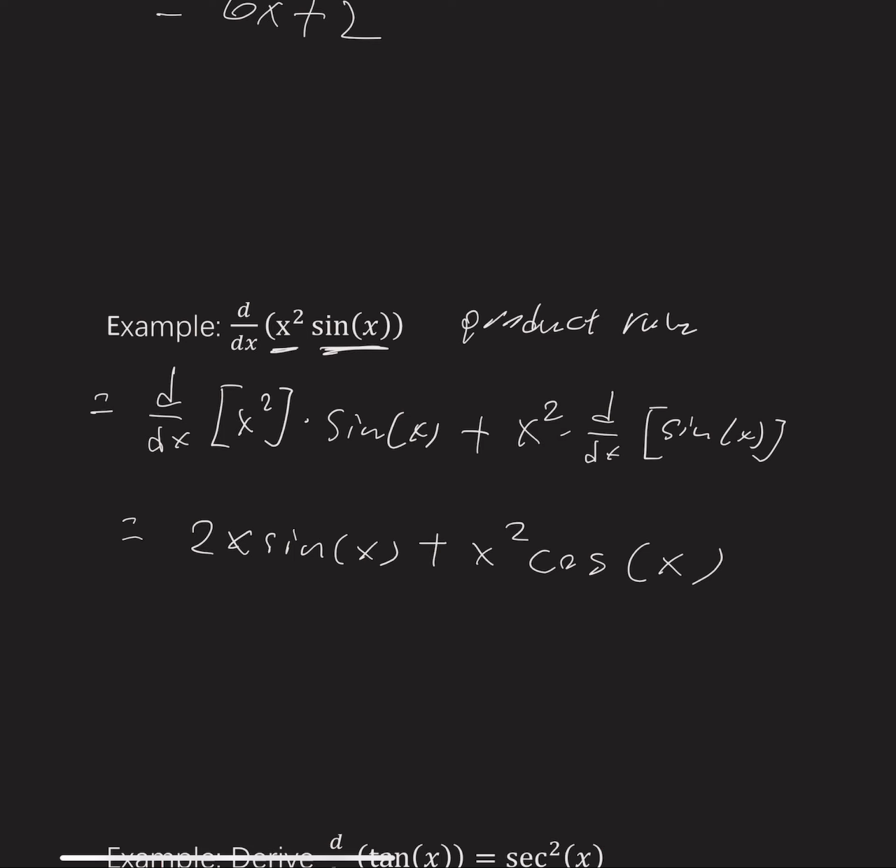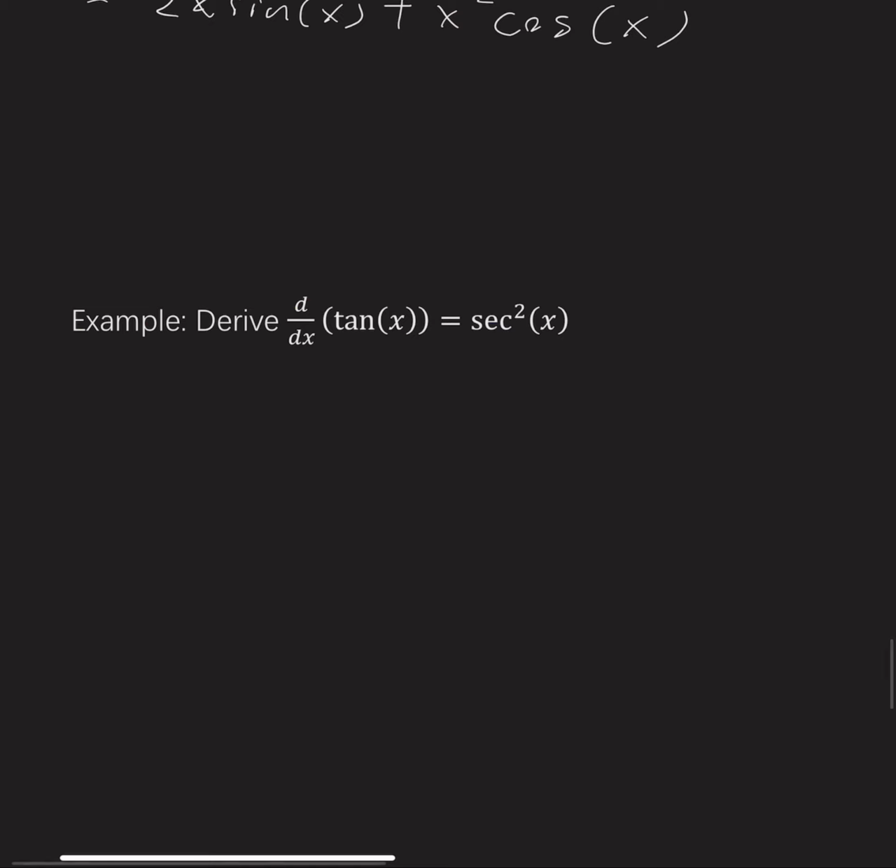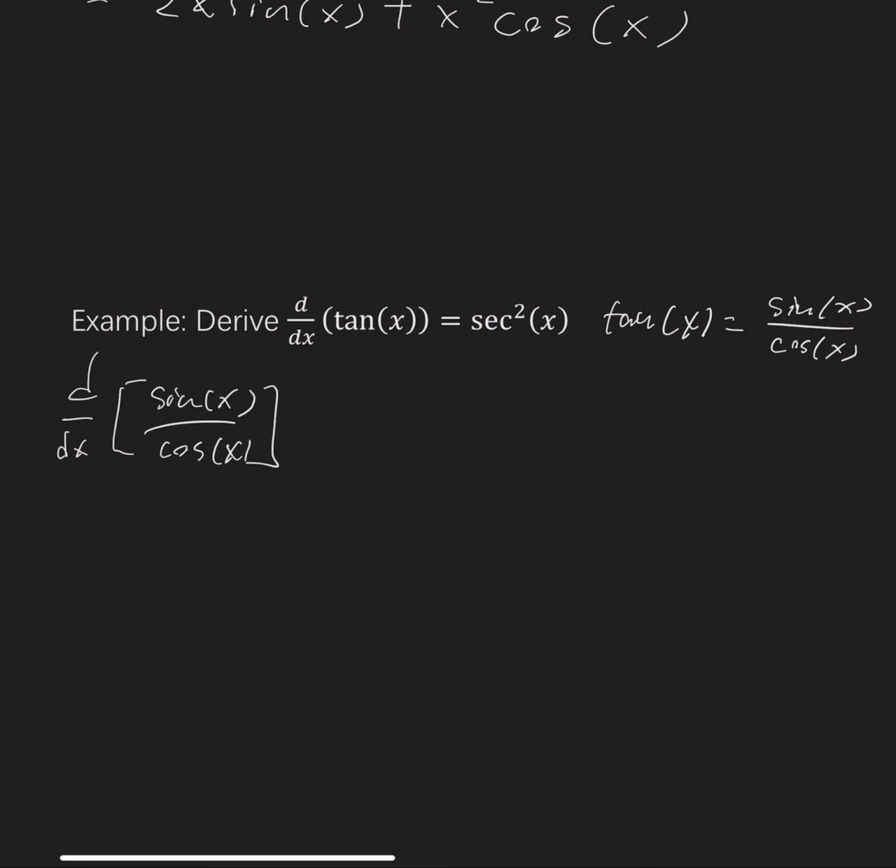And lastly, we'll derive that the derivative of tangent of x is equal to secant squared of x. What is tangent of x? Tangent of x is equal to sine of x divided by cosine of x. So what this really means is that we're taking the derivative of sine of x divided by cosine of x. Okay. What we're going to do is use the quotient rule.